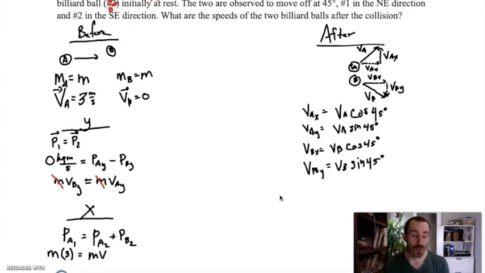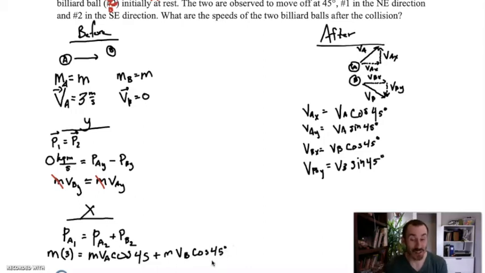Okay, so the velocity that we're putting in here for ball A at the end is the x velocity. So that's VA cosine 45. And the momentum of ball B at the end is m times VB cosine 45.